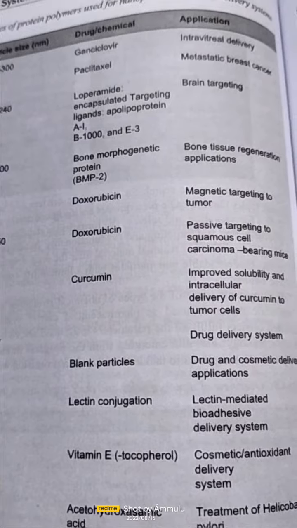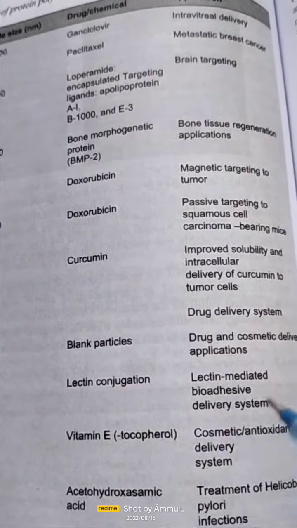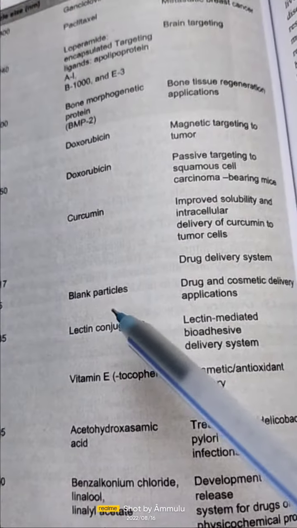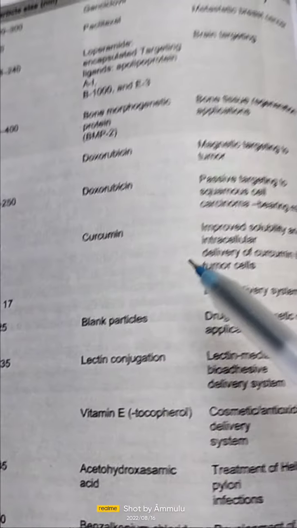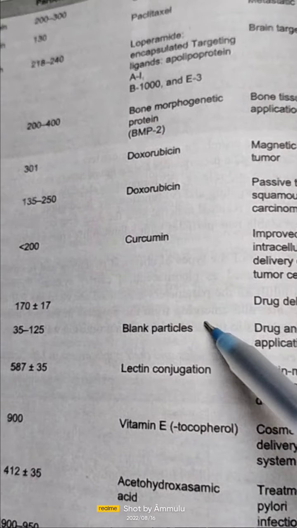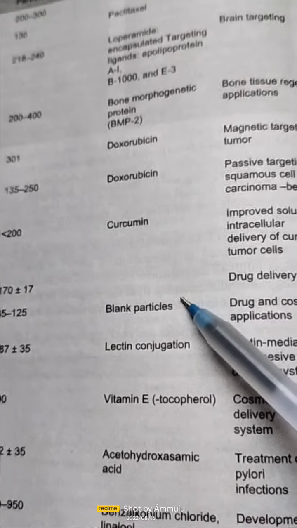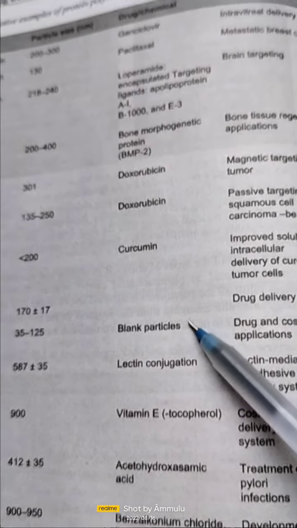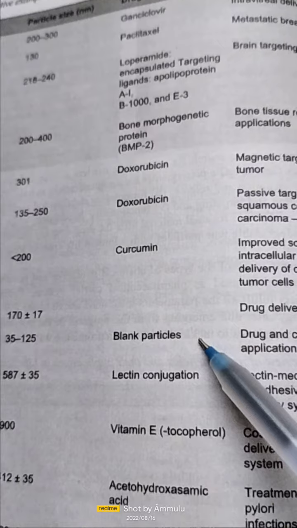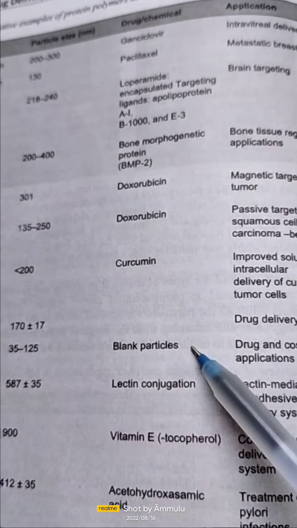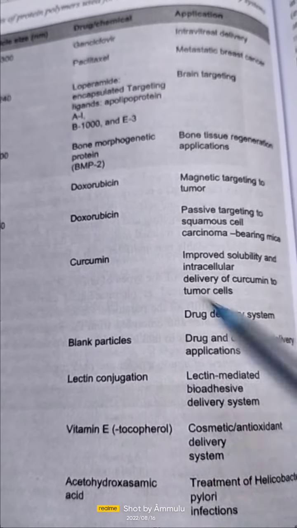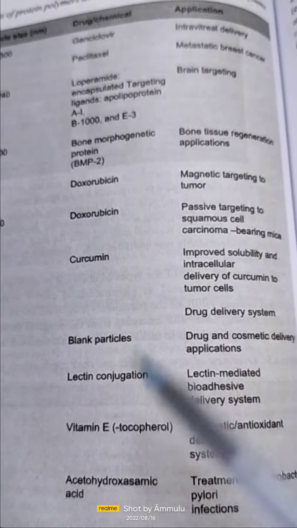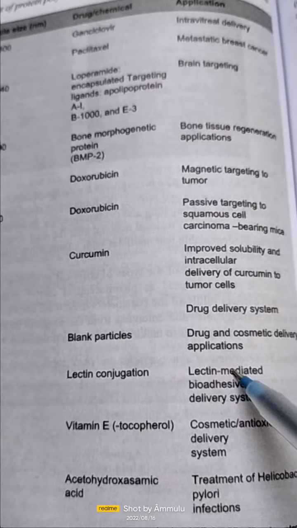Curcumin and doxorubicin are the drugs used for cancer. Blank particles contain 35 to 125 nanometer particle size, and bind to the silk protein polymer. The application of blank particles is drug and cosmetic delivery applications.